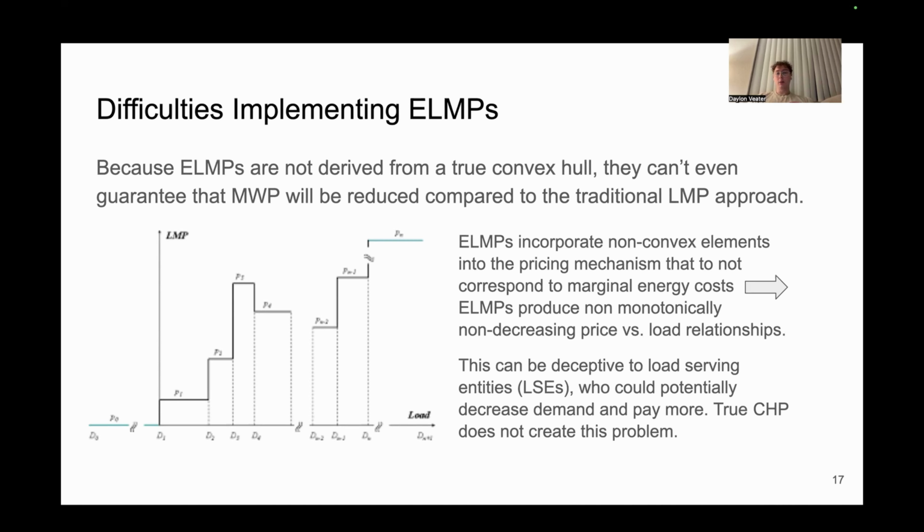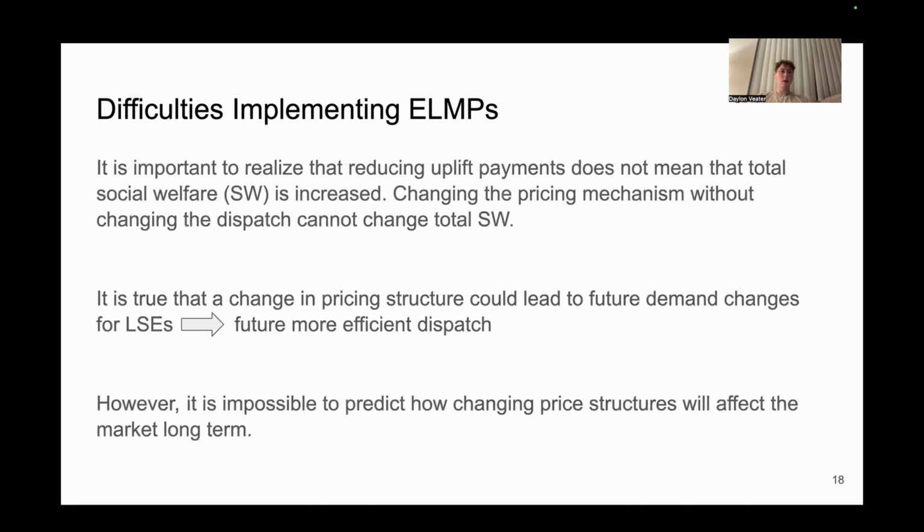The problem is that ELMPs, incorporating non-convex elements into the pricing mechanism, can mess that up. So you can actually have parts of the supply curve that dip for an increase in demand, which is kind of deceptive for LSEs. You can decrease your demand and pay a higher price per megawatt, which is a little strange.